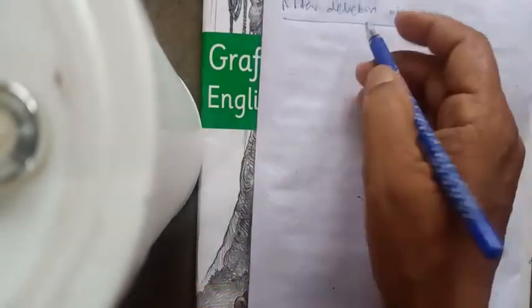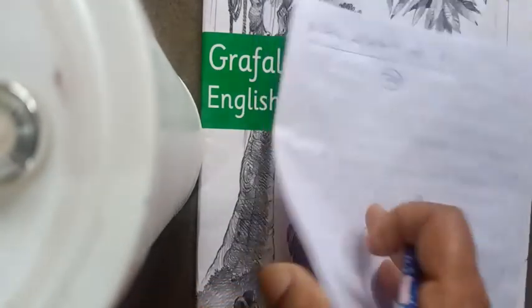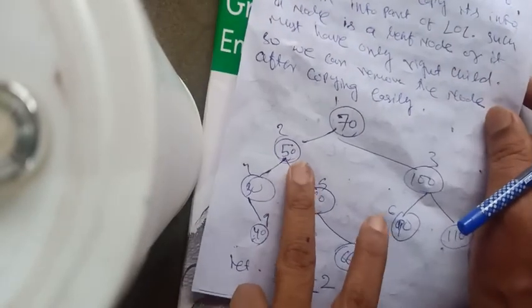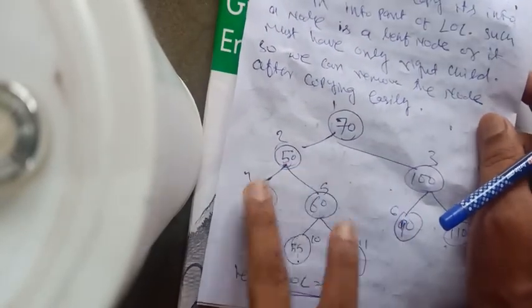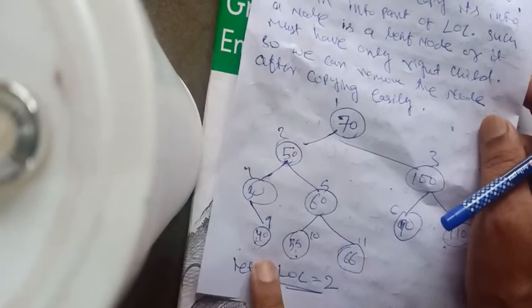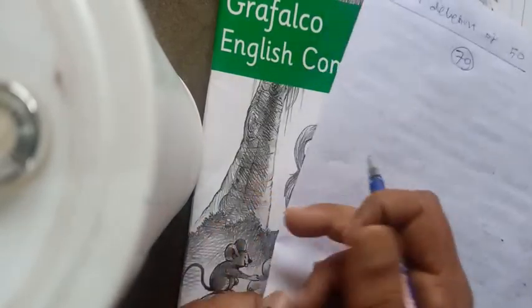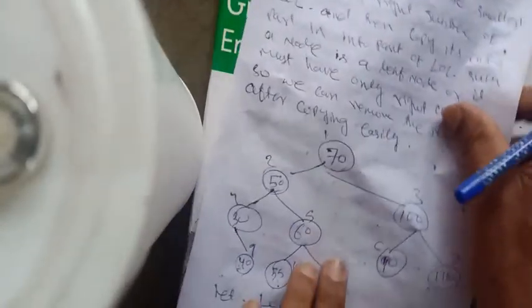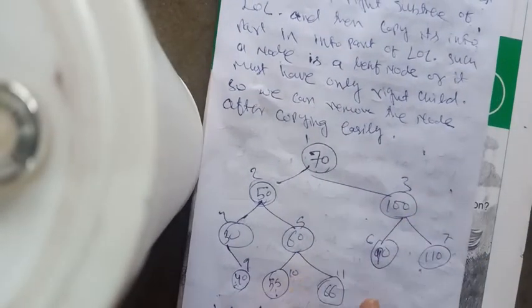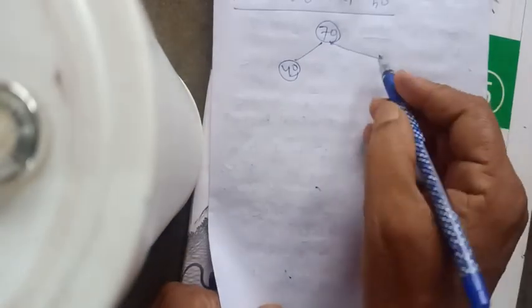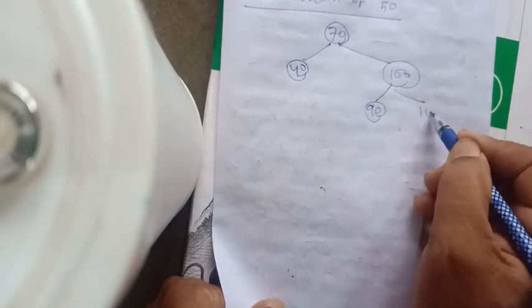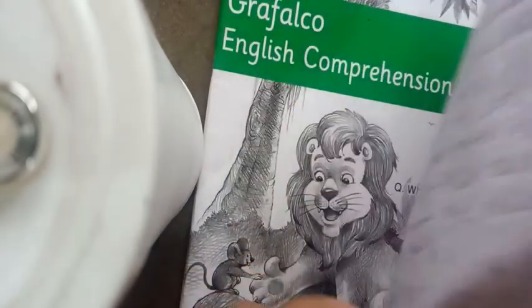Root is 70, then 50 and 100, so 50 will be removed. Suppose I am choosing the largest from the left. Who is the largest from the left? 40. So 40 should be placed here. So 70, then 40, and the right of 70 is 100, with left of 100 being 90 and right of 100 being 110.